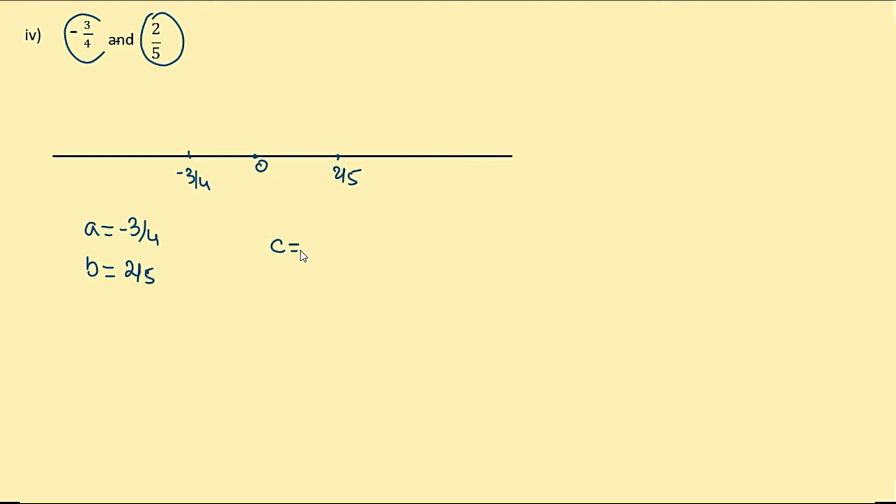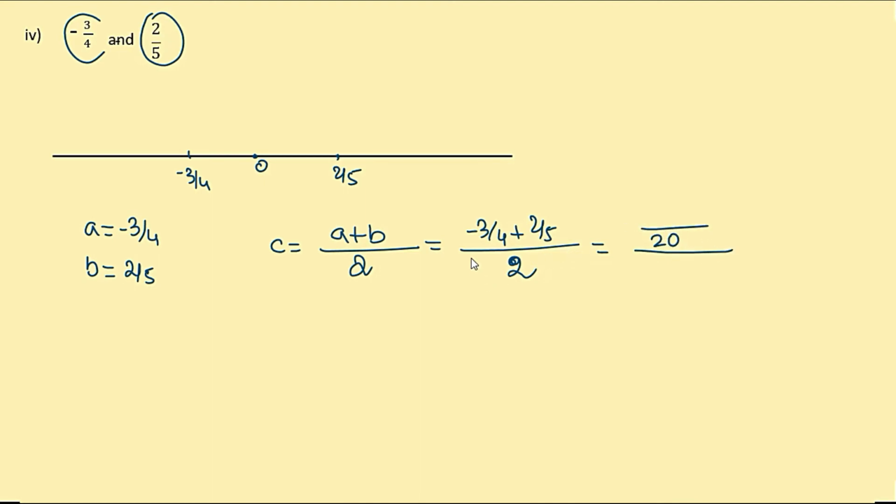So C equals (A plus B) by 2, that is (minus 3 by 4 plus 2 by 5) by 2. You take the LCM, this is 20. So minus 15 plus 8, and this is 2. So this comes as minus 7 by 20 by 2, that is it comes as minus 7 by 40 is the correct answer.